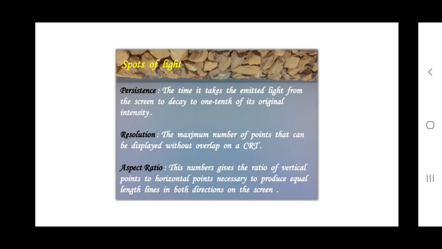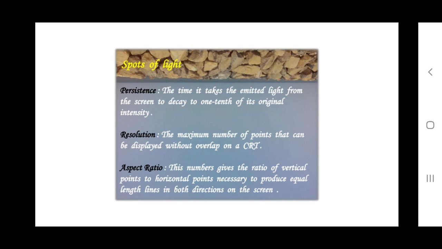The second one is resolution. Resolution means the maximum number of points that can be displayed without overlap on the CRT, the cathode ray tube. And the third one is aspect ratio.